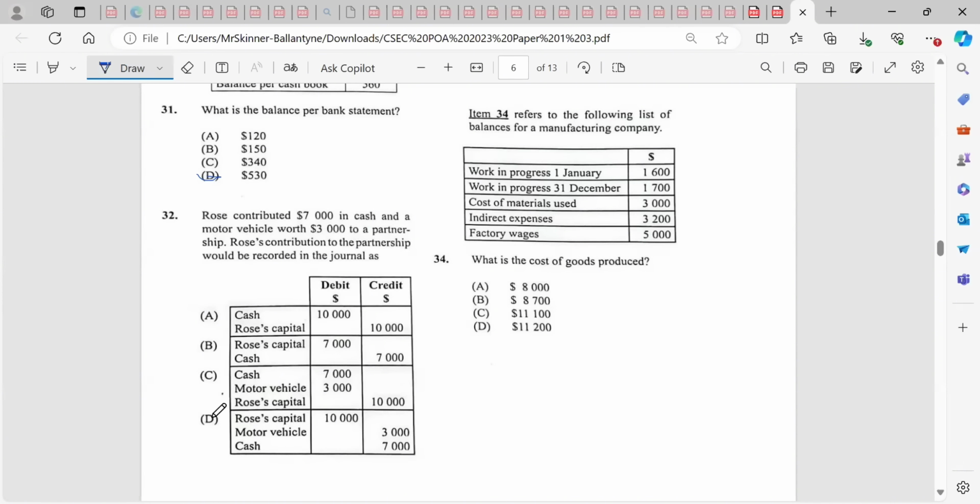So her contribution would be 7,000 plus 3,000. That 10,000 would be her capital. Then you would debit cash 7,000, debit motor vehicle 3,000. So the answer would be C.